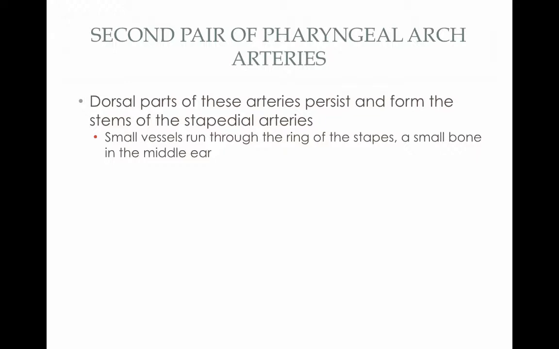The dorsal parts of these arteries persist and form the stems of the stapedial arteries, which are small vessels that run through the ring of the stapes, the small bone in the middle ear. So even though they disappear, there are remnants of the second pair of arch arteries.